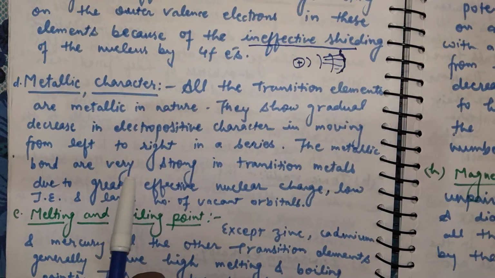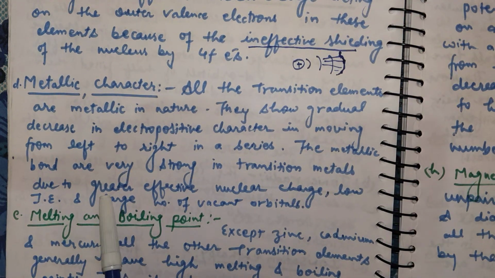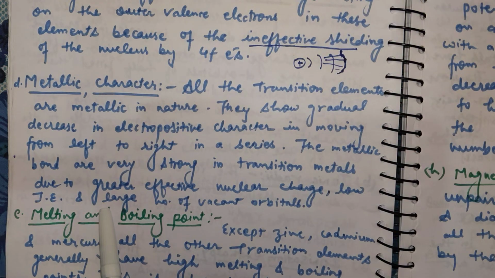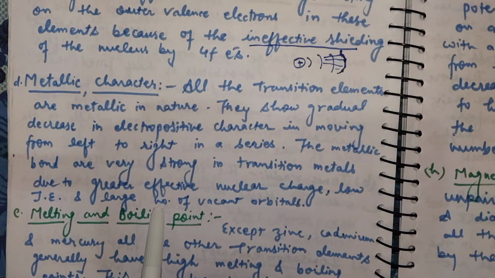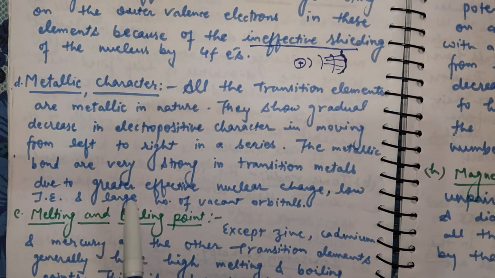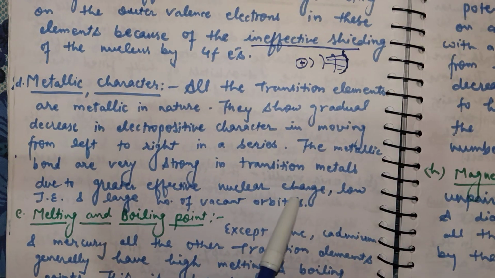The metallic bonds are very strong in transition elements. In transition elements, the metallic bonds are very strong due to greater effective nuclear charge, low ionization enthalpy, and a large number of vacant orbitals. If vacant orbitals are available, then electrons are available for bonding, and this is the reason for very strong metallic character due to effective nuclear charge.